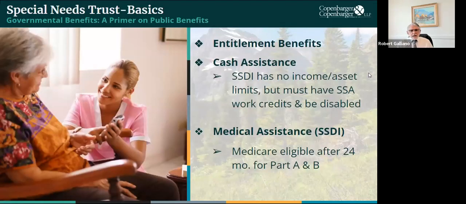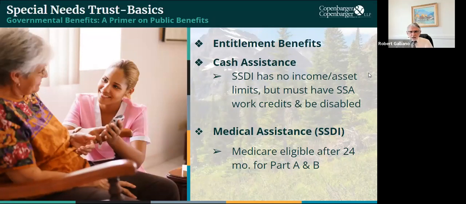All right, I am going to be talking a little bit about benefits. There are two different categories of benefits. The one type of benefit I will call entitlement benefits. What do I mean by the word entitlement?